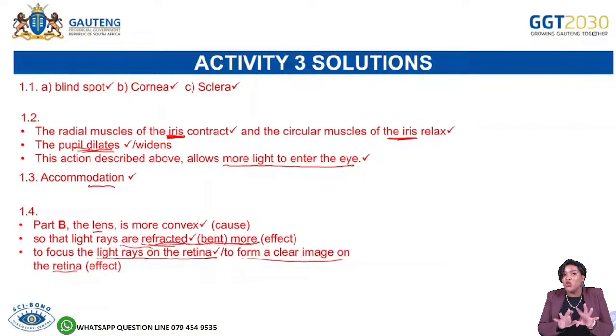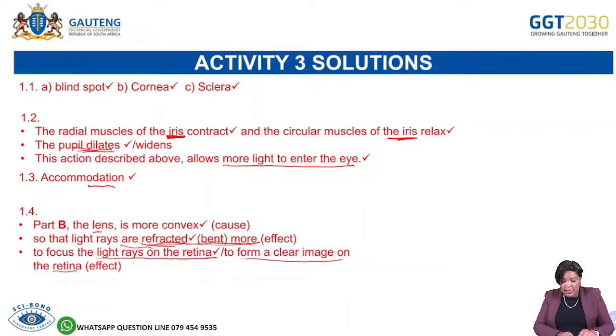Now you see in this one question, you were asked about 2 processes that you did when you studied the eye, which are pupillary mechanism and accommodation. However, what you need to learn is whether they are asking about pupillary mechanism in dim light or bright light, you need to know the opposite for both. Because another question can come and ask you about bright light. So if you are able to answer in dim light, you will be able to answer also in bright light.